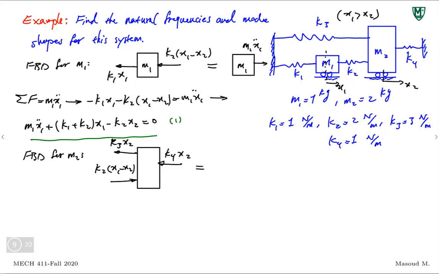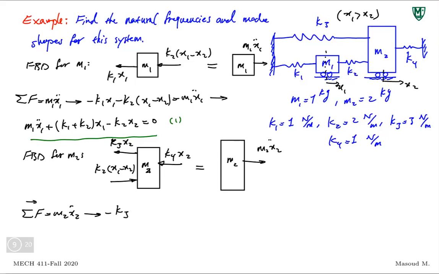That'll give you M2. Well, this is M2. This is also M2. And this is pretty straightforward. M2 X2 double dot. As I said, make an assumption that both motions are in the same direction. That's how we get the right equation. All right. Summation of forces is equal to M2 X2 double dot. As a result, you will get minus.